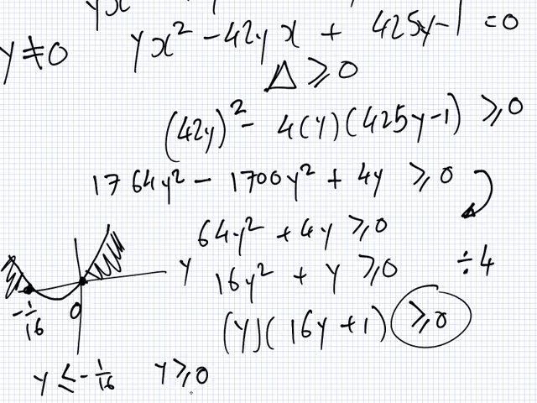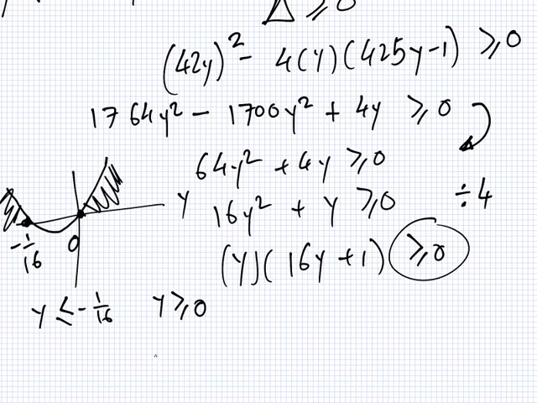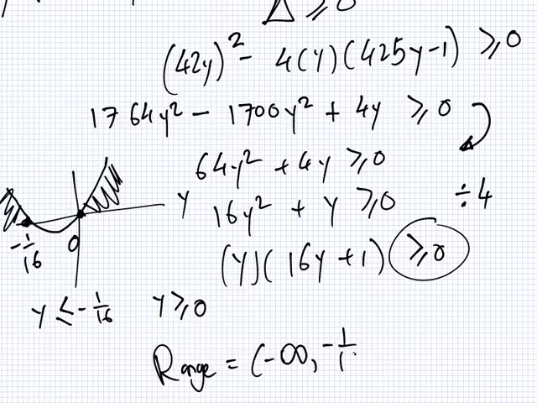However, we said earlier y is not 0. So bigger than 0. So the range is everything from minus infinity to minus 1 over 16, including 1 over 16, or from 0, not including 0, to infinity.